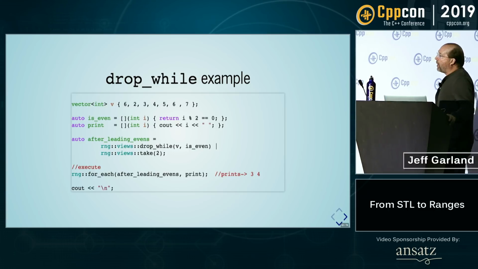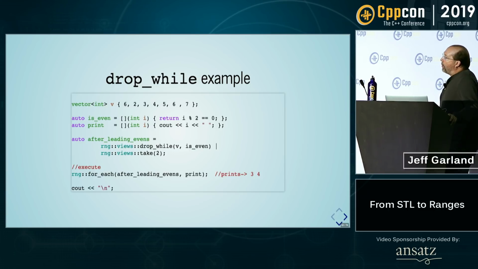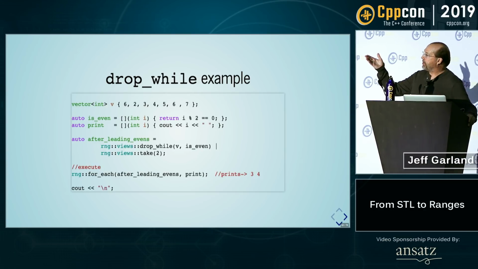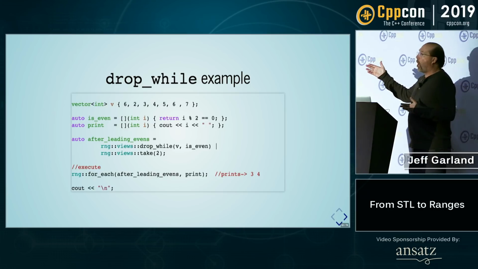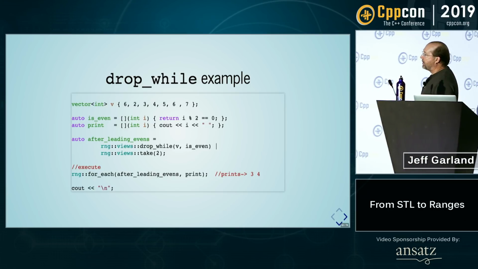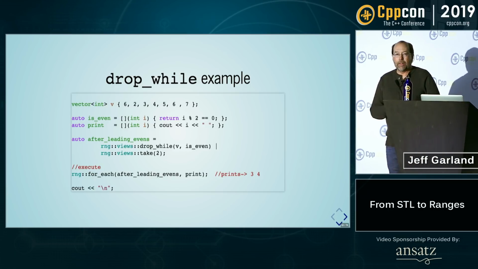All right, so let's combine a couple in a chain. I have my isEven predicate, I have a print, and I have constructed from adapters this time. So after leading evens with a range view drop while, that's an adapter, and the take.